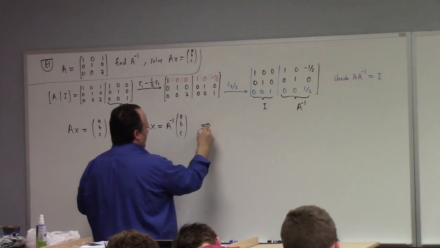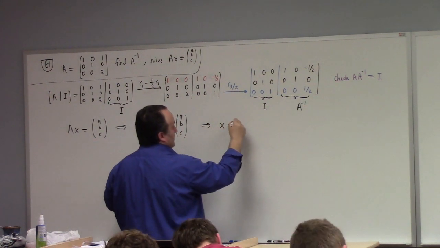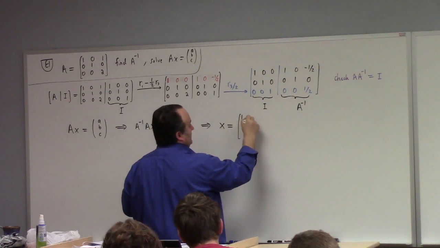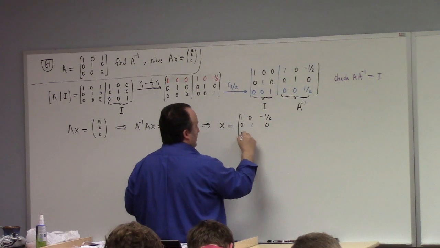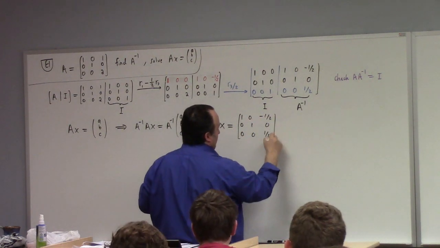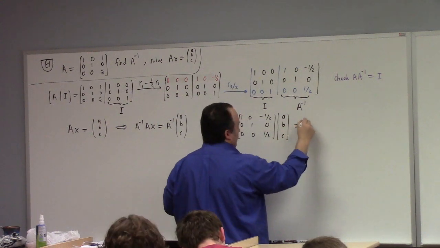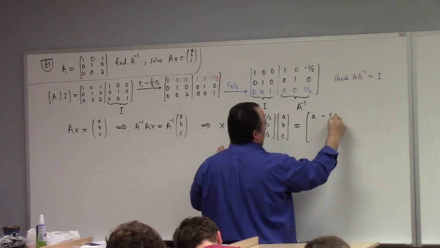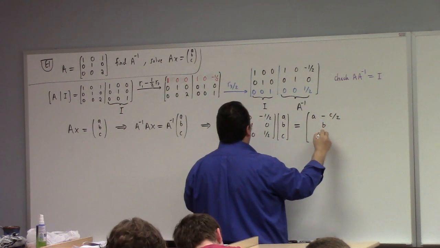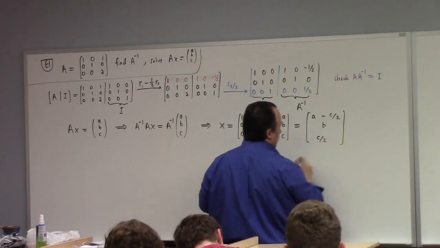But A inverse times A is just I, so IX, which is just X, is equal to, apparently, 1, 0, minus 1/2, 0, 1, 0, 0, 0, 1/2. I multiply that by my ABC vector, and here you go. That gives us A minus C over 2, B, and C over 2, right?